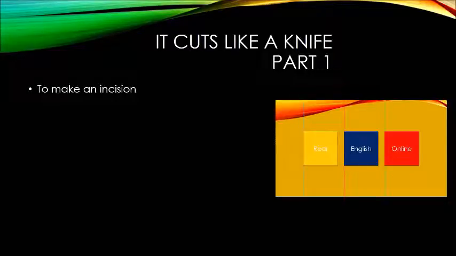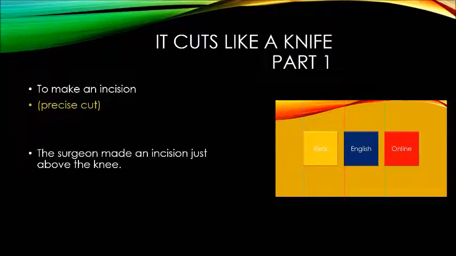Okay, so our final word is to make an incision. And if you're making an incision, you're making a very precise cut with something extremely sharp. So this is the kind of cut that perhaps a surgeon would make if you were having an operation. So the surgeon made an incision just above the knee, perhaps with a scalpel.